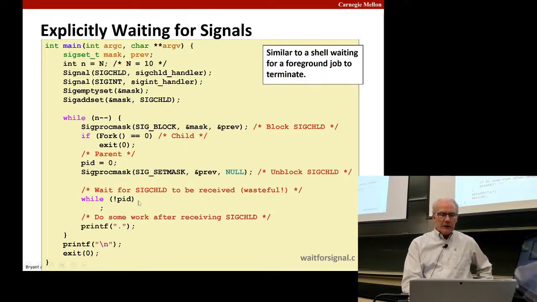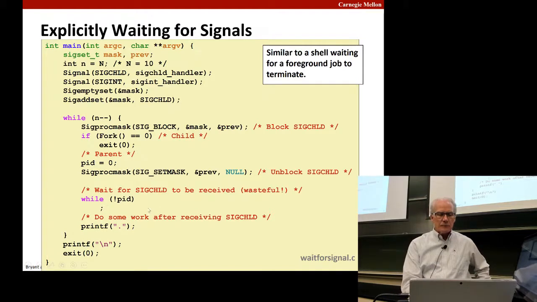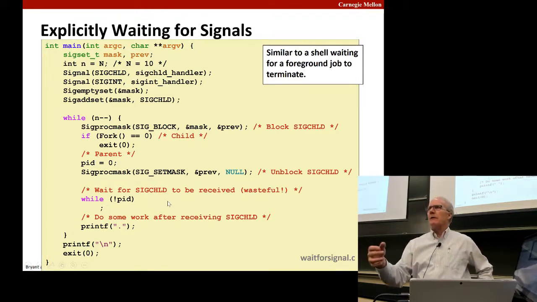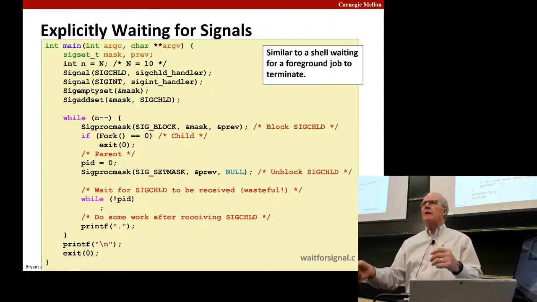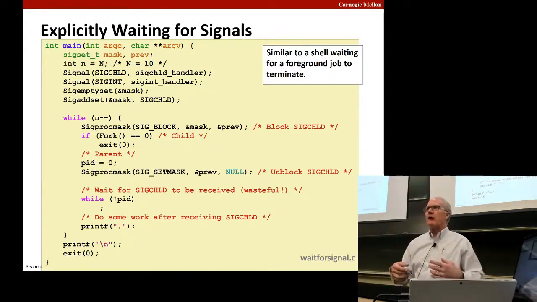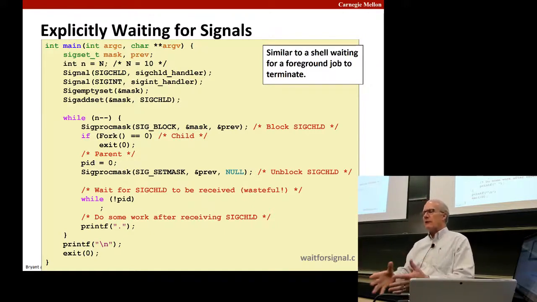And then what happens is when it comes time for the parent to wait for this child to complete, there's various options. So you remember, in a shell, you can start something in the background, but then you can bring it to the foreground, meaning that the shell should wait until this child process is completed.